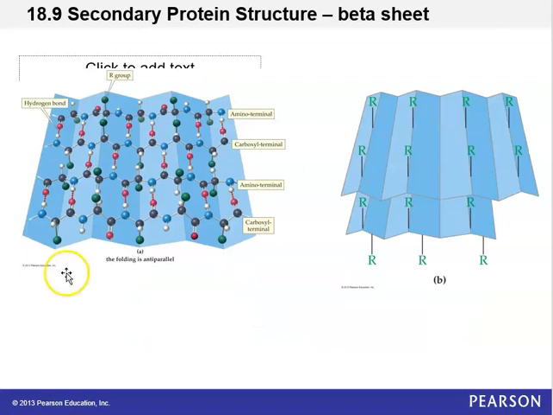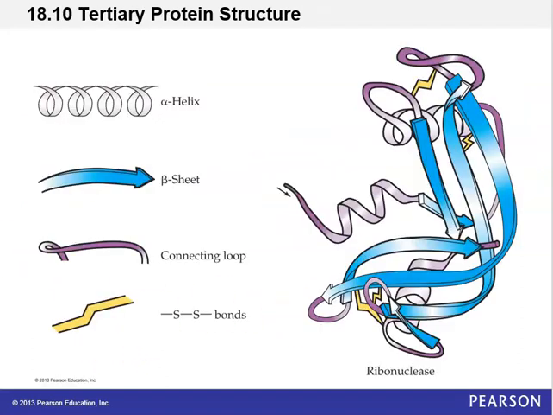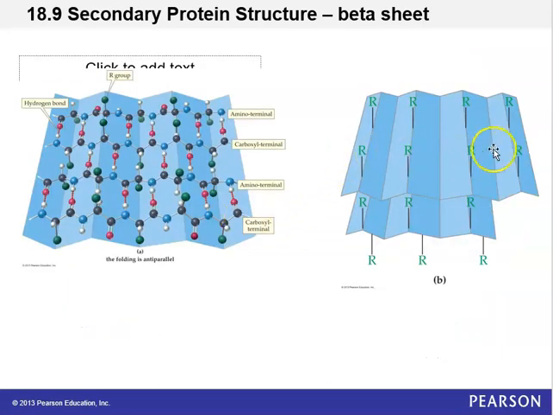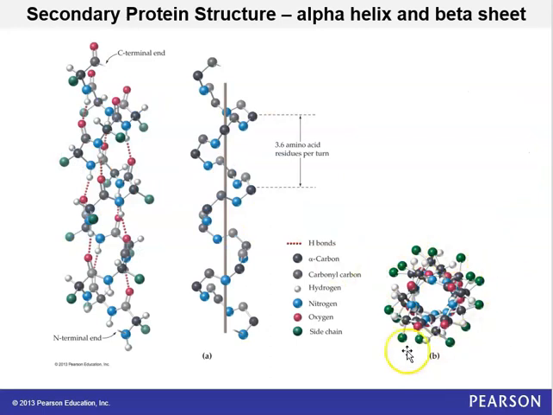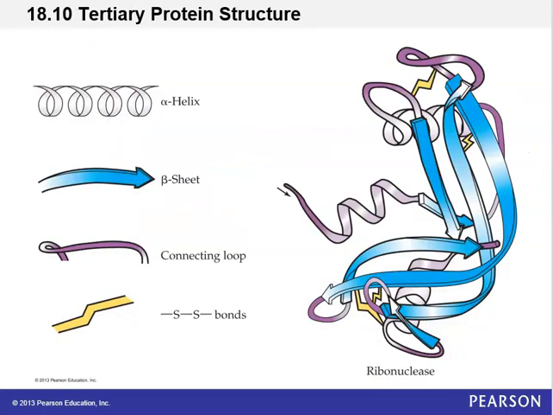And looking at the beta sheets, we can see these residues stick up and down from the sheets, and these side chains are always interesting places for things to bind or interact, or other structures to interact with. So that leads us to the next structure. This is the tertiary structure. That's when these residues sticking out the side start to interact with other residues. So tertiary protein structures are side chain interactions.